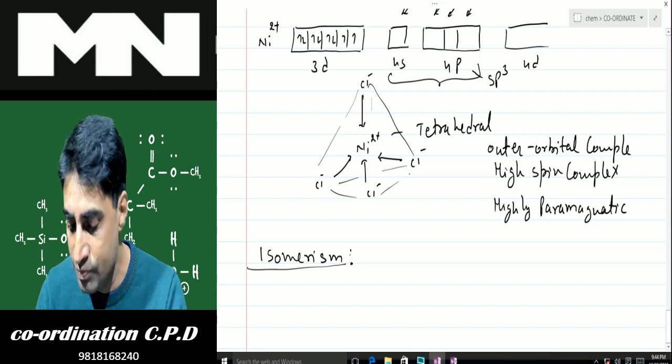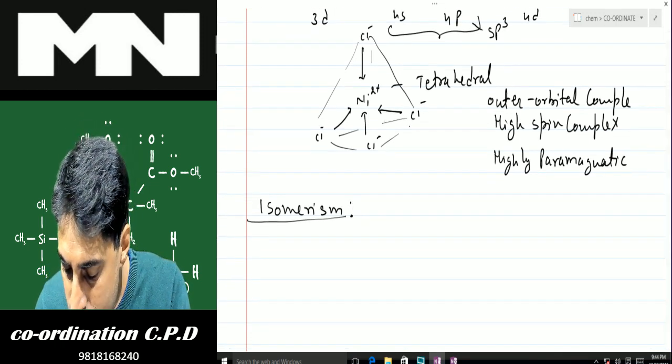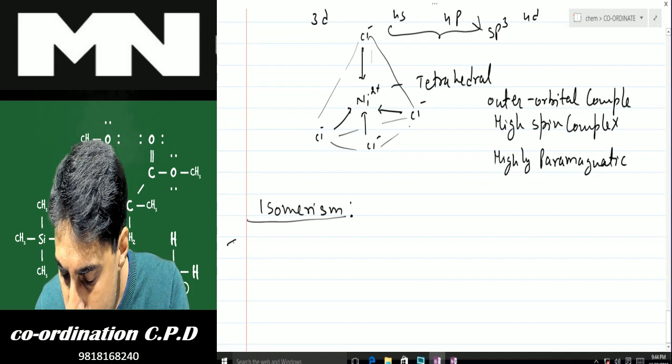First we'll see their structural isomerism.